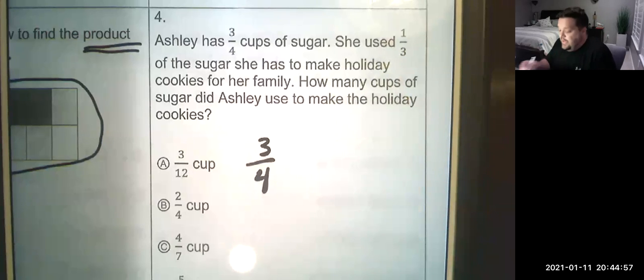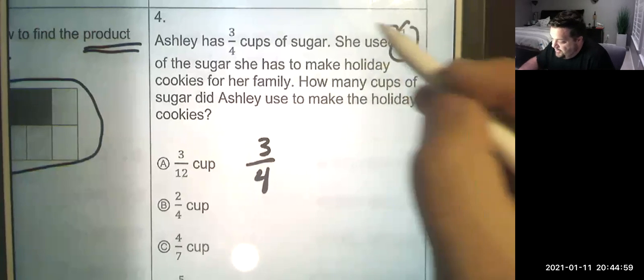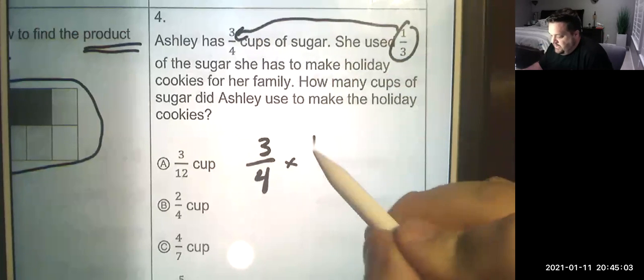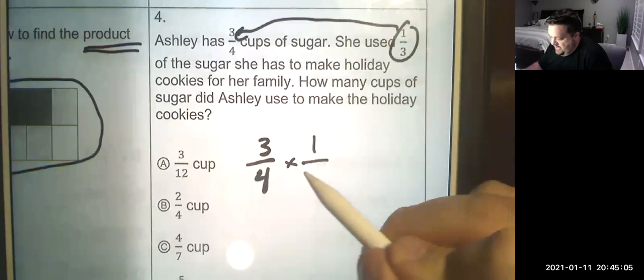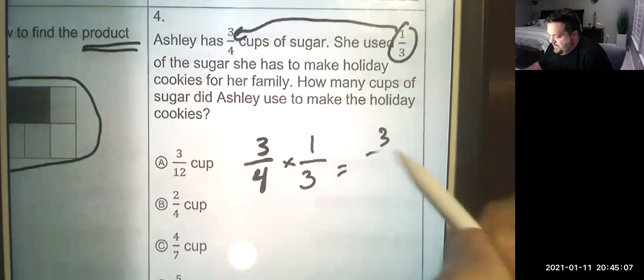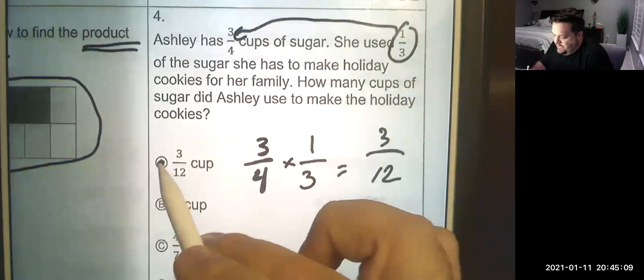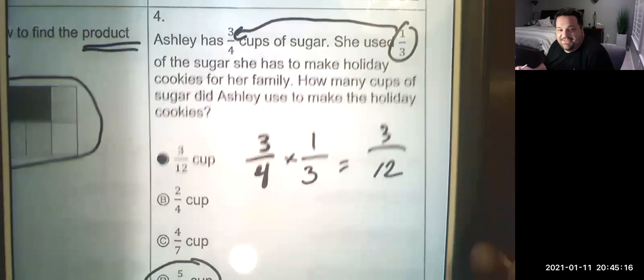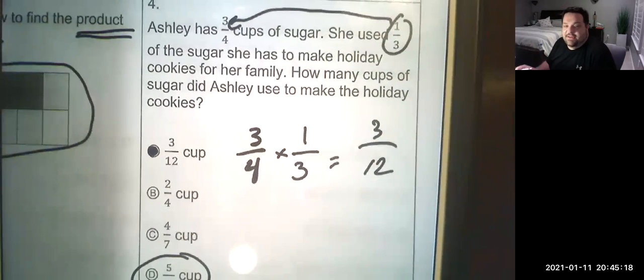You think you're taking it away. But we need to find out what a third of 3/4 is. And to do that, you have to multiply. So you would just multiply that by 1/3 equals 3/12. A would be your answer. But see, if you went through and subtracted, you would get this answer down here, right? So they put that on there to try to trick you. All right, let's keep going.